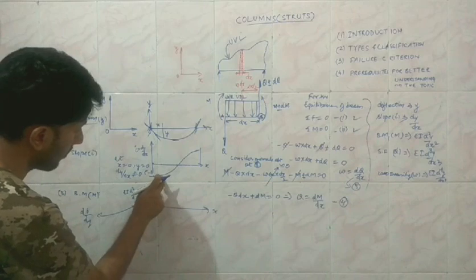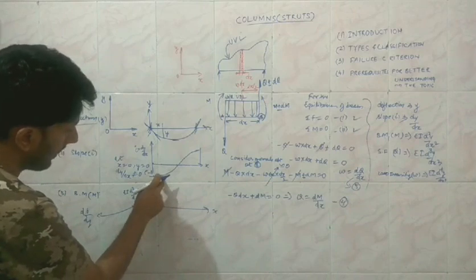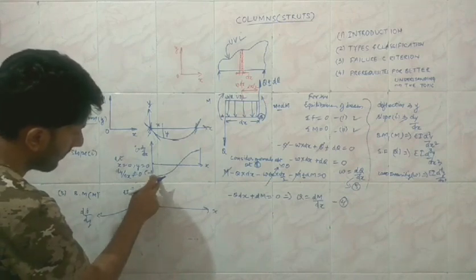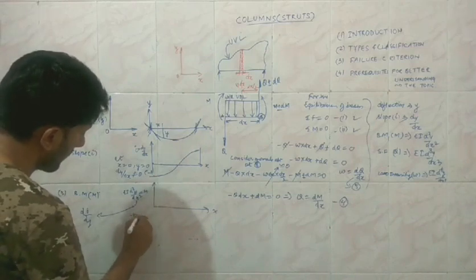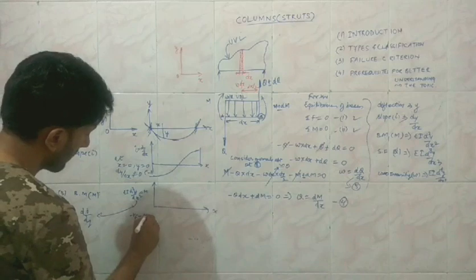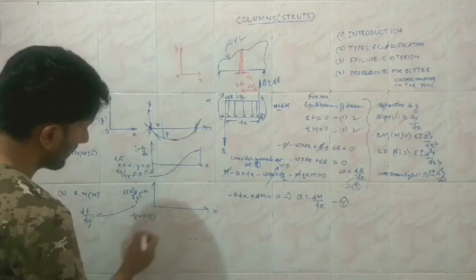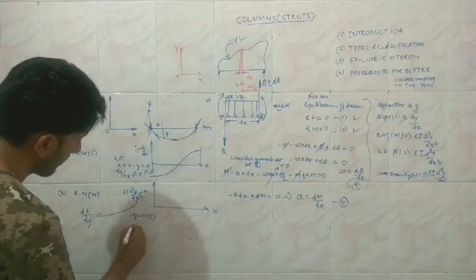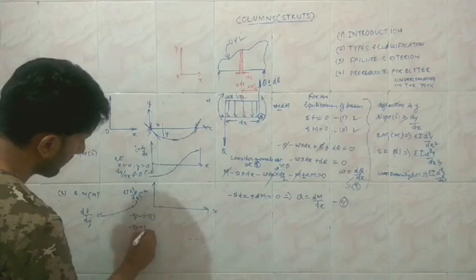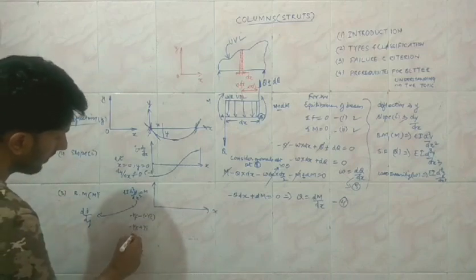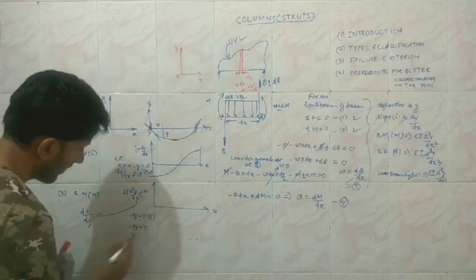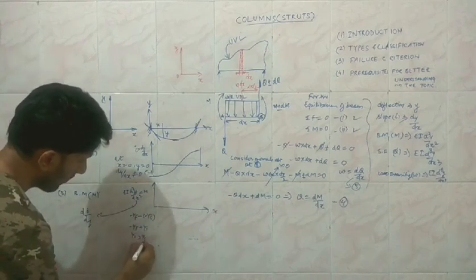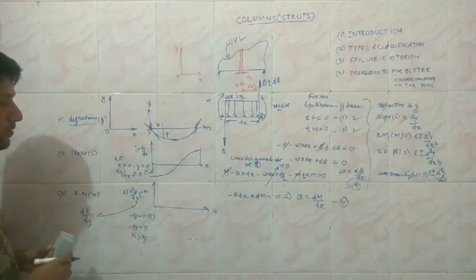You will see that the final value of y is smaller than the initial value of y. So when we talk about final y minus initial y, which is negative, we are going to have minus final y plus initial y, and because initial y is greater than the final y, the sign is going to be positive.